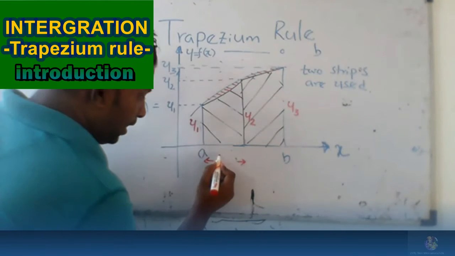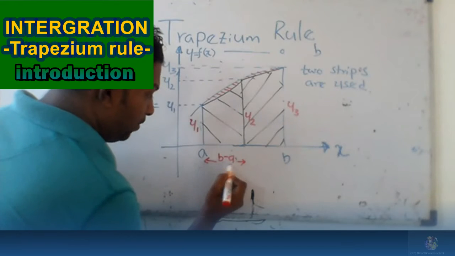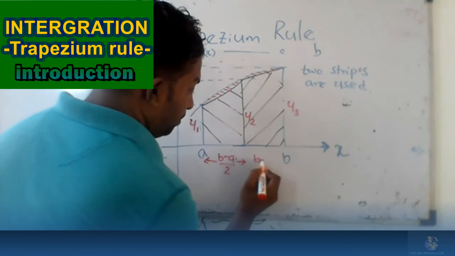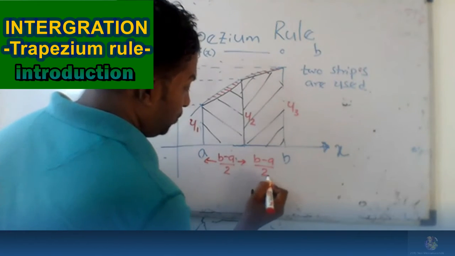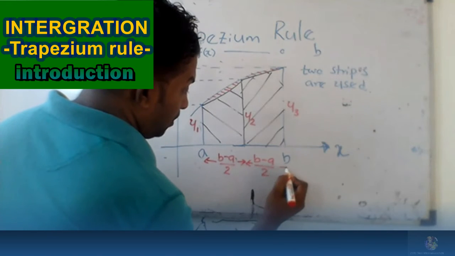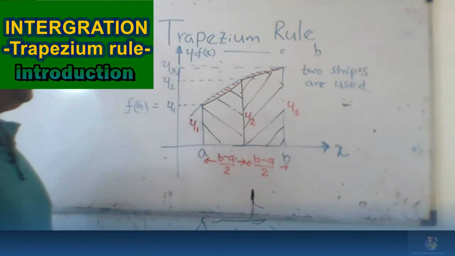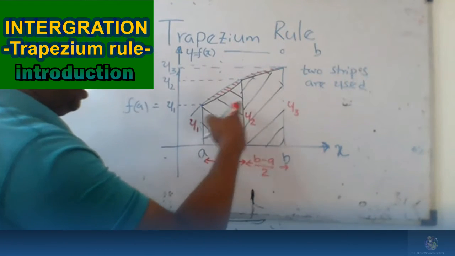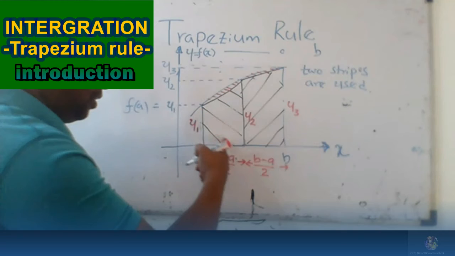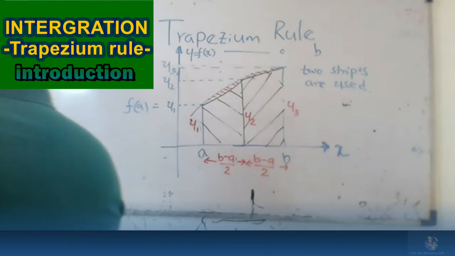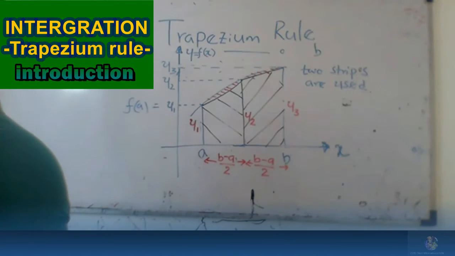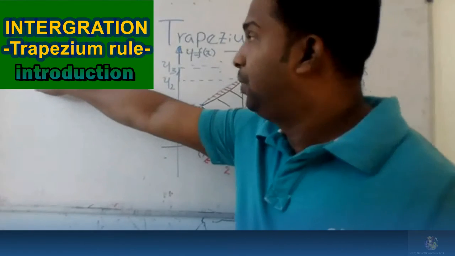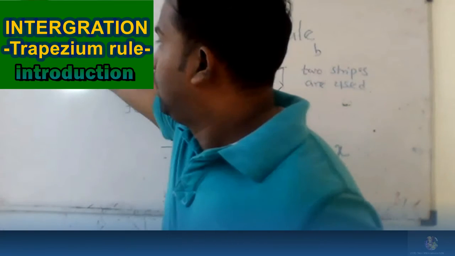This is half of that, therefore b minus a divided by 2. Here b minus a divided by 2. Right? Then if I write something for this trapezium, I think you can see this up to this point, right?